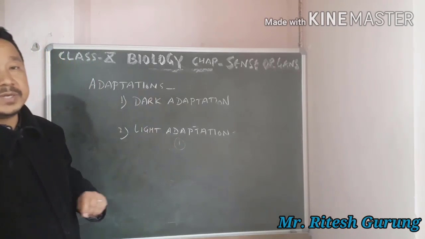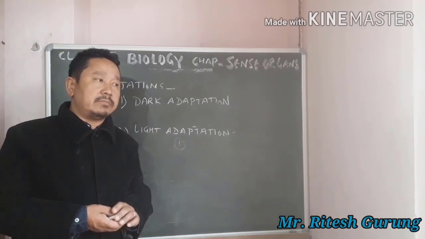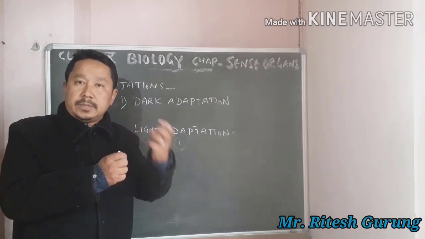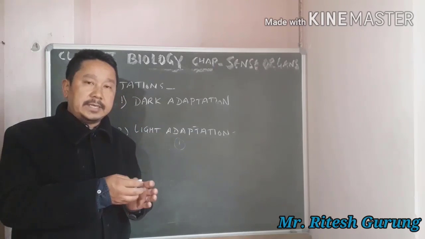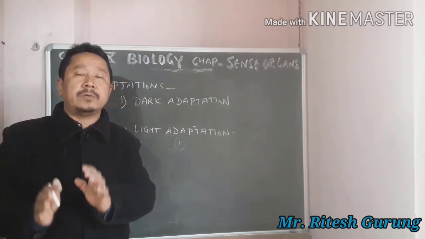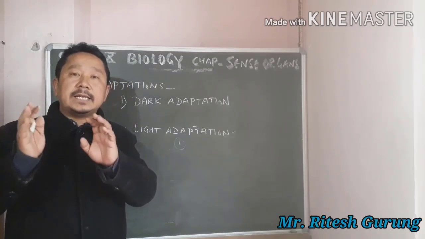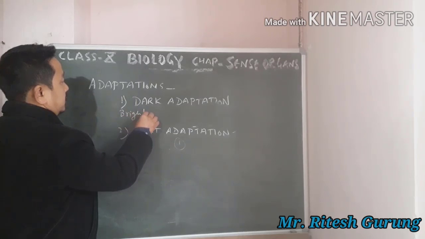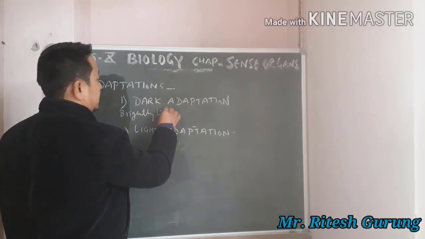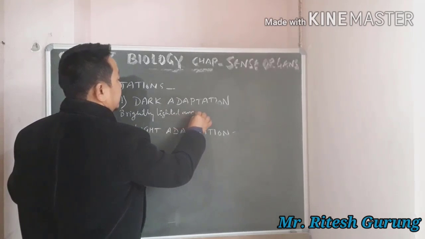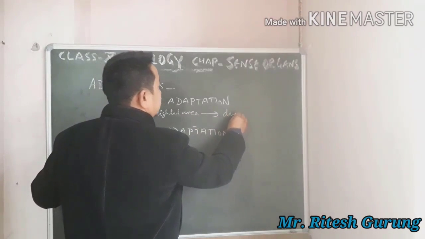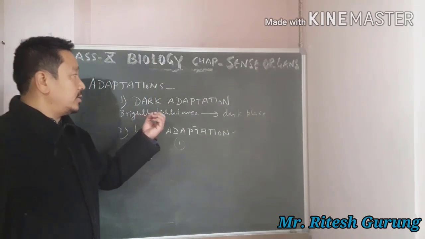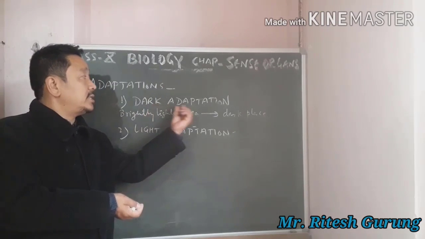Dark adaptation means how your eyes adjust to improve your vision in a dark place when you all of a sudden go from a brightly lighted area to a dark place. That adjustment is your dark adaptation.